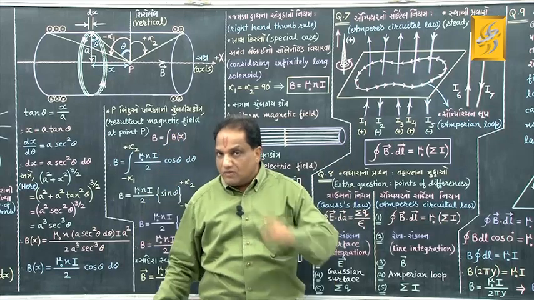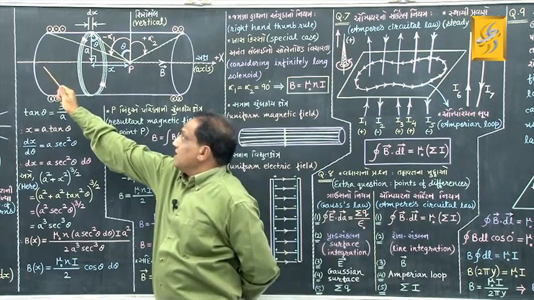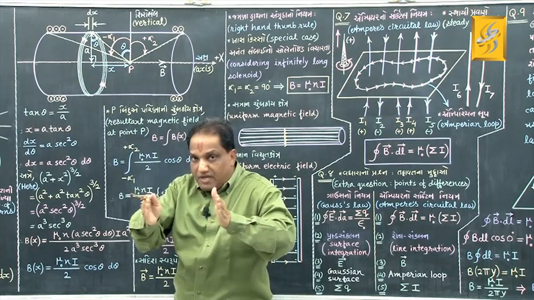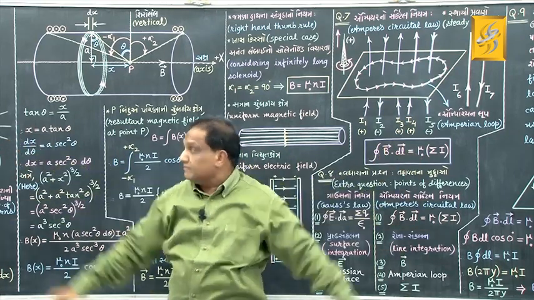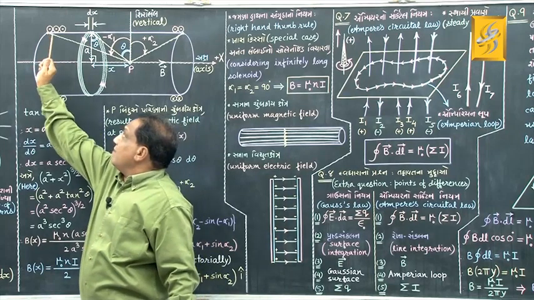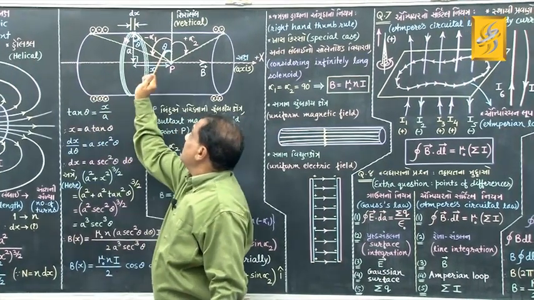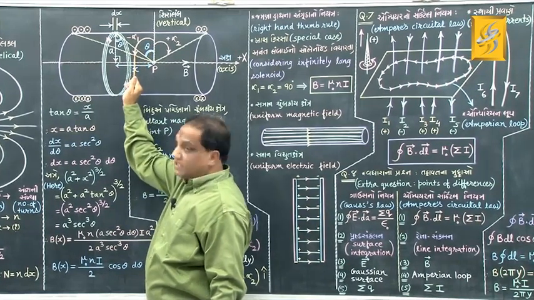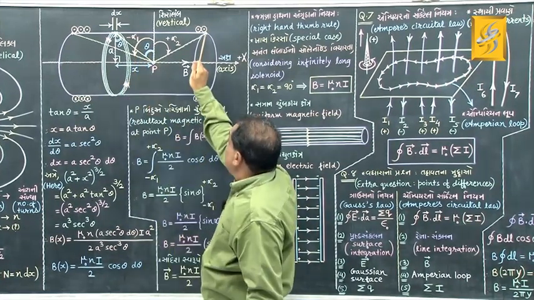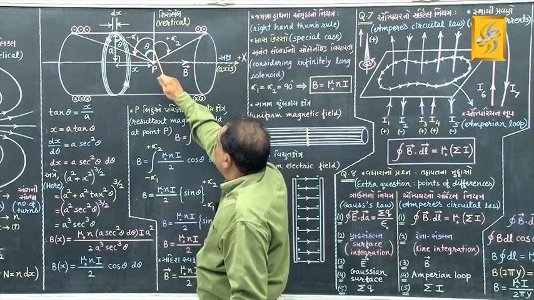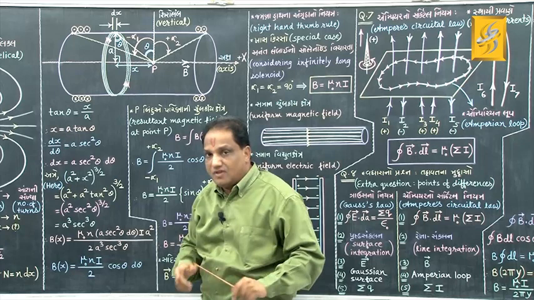Then what will happen? Look, if the same solenoid has greater and greater length gradually, then this left end would approach this way, correct? And because of that, the magnitude of this angle will keep on increasing. Similarly, the right end will move this way, and the magnitude of this angle will go on increasing.